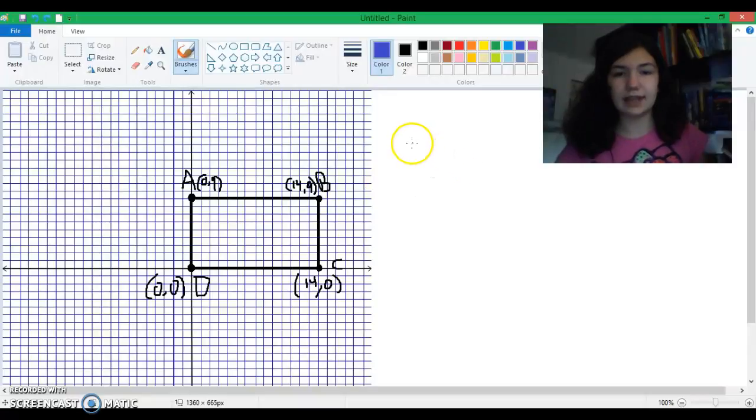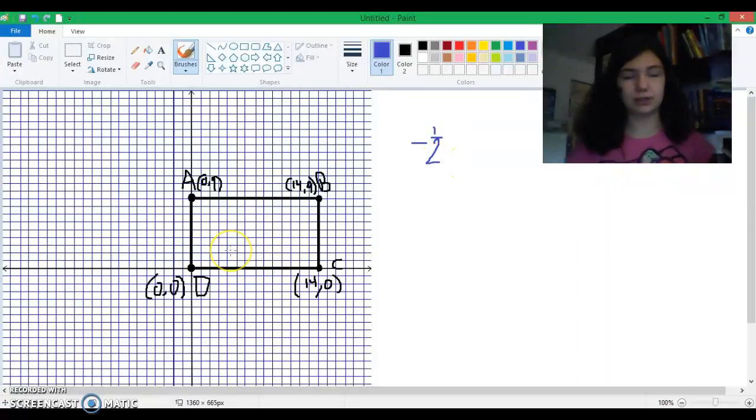Now let's do a negative number. Let's do negative 1/2. So again, multiply everything by negative 1/2. So 9 times negative 1/2 is negative 4.5. So 1, 2, 3.